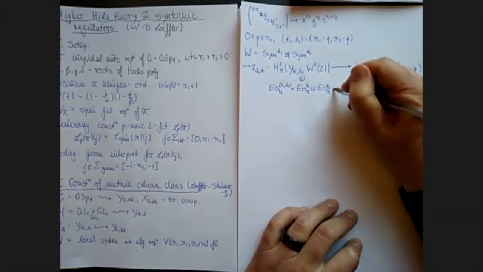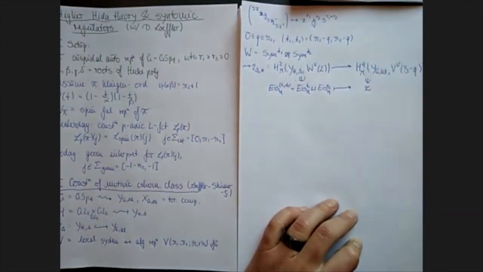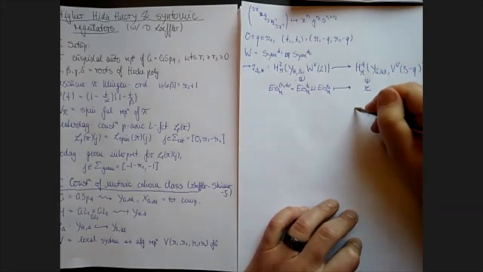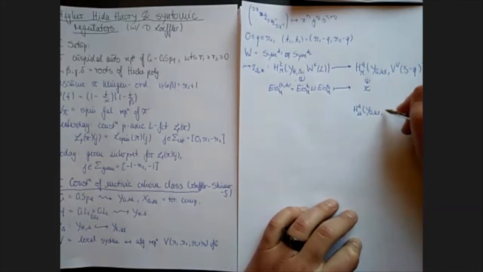Right, and we define Z to be the image under this push forward map. We now remember the formalism of Abel-Jacobi maps. From H^4 motivic, we have an étale regulator map into étale cohomology.